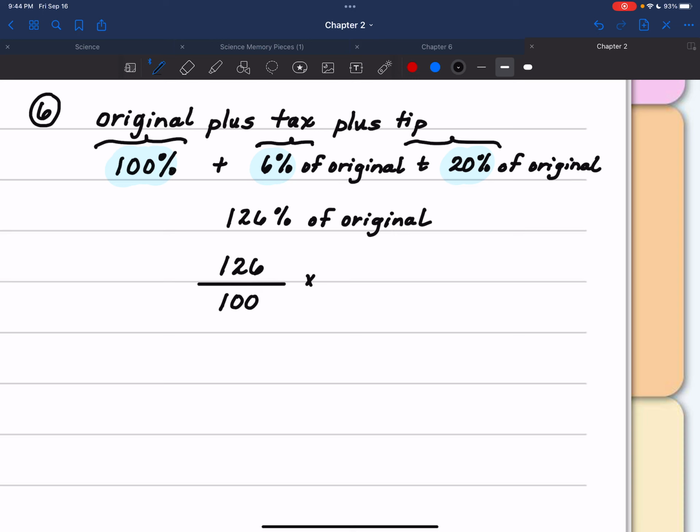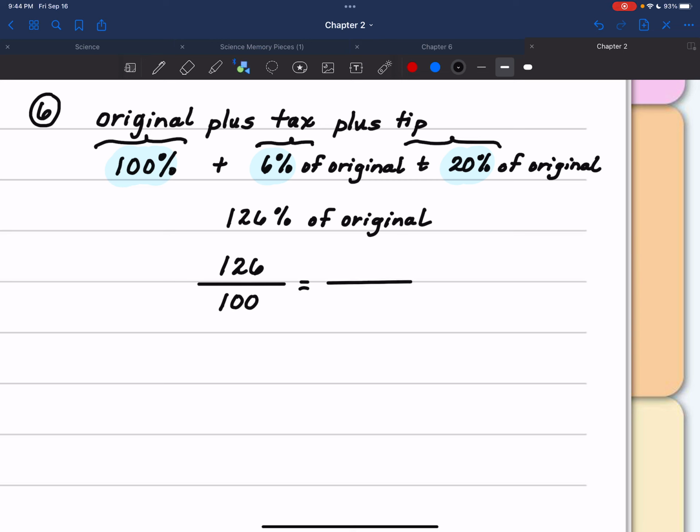Of means multiply. Original, we don't know, so we have 126 over 100 times the original amount. Or do I want to do it that way? No, I'm going to change my mind again. I'm sorry. Let's go ahead and use the proportion.